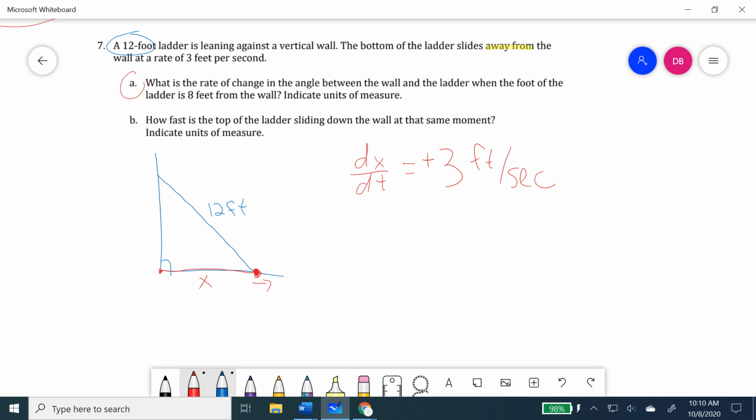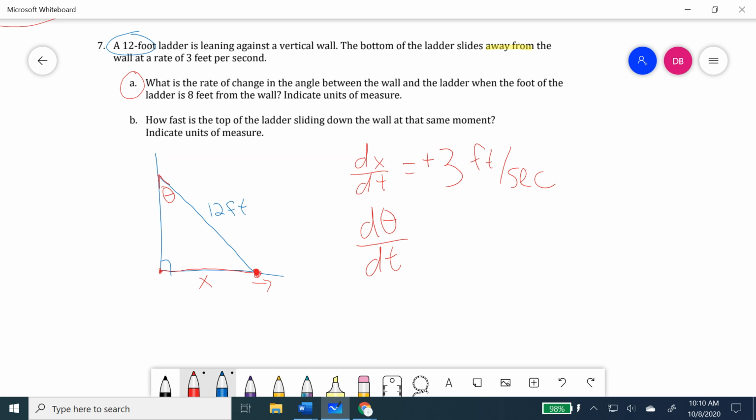So then in part A, you're wanting to find the rate of change of the angle between the wall and the ladder. If you have a right triangle and you're dealing with an angle rate of change, know that your go-to is SOHCAHTOA.